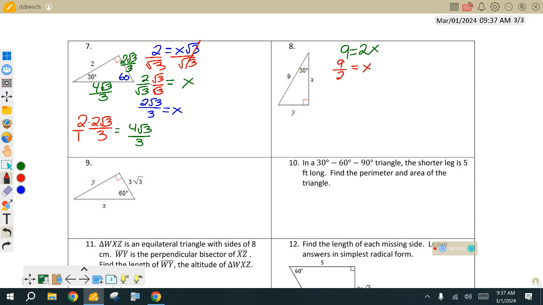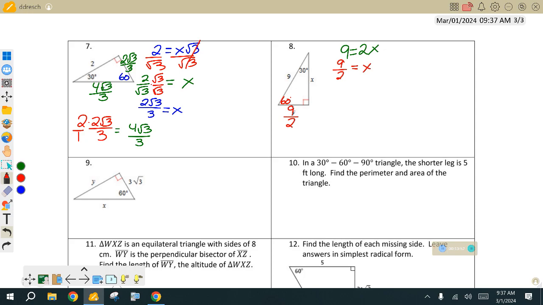What does that represent in my triangle now? Now I got the 60 missing, so I'm going to go put that 60 in there. So one more time, what is that 9 over 2 representing in my triangle actually? The short leg, which is what variable then? Thank you. I got it. You got the short leg.